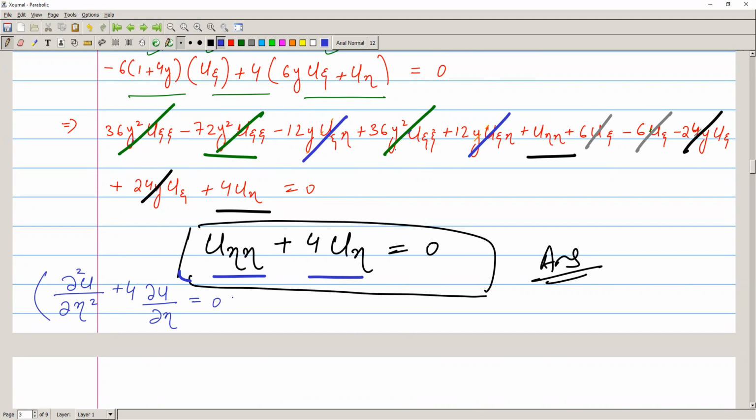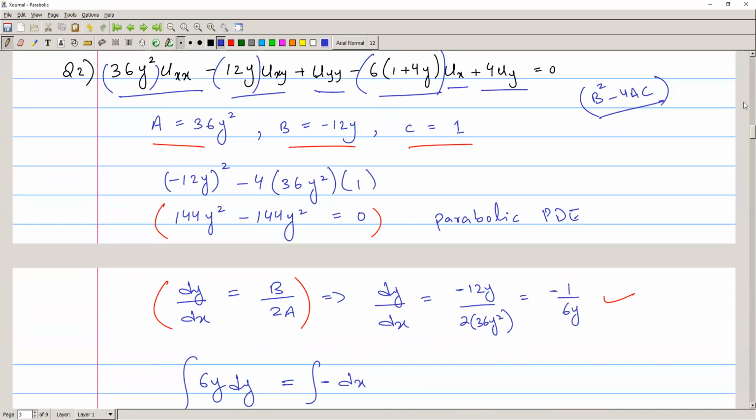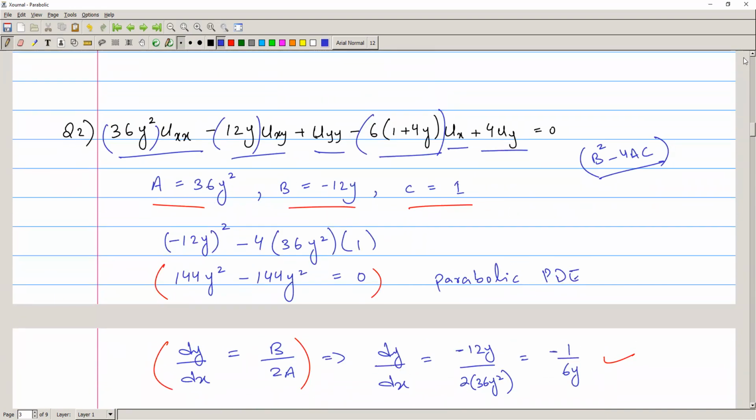This equation is much easier to solve than the given complicated equation. From here we get to the conclusion that u eta eta plus 4u eta is equal to 0. How cool is that? It's very nice, right?